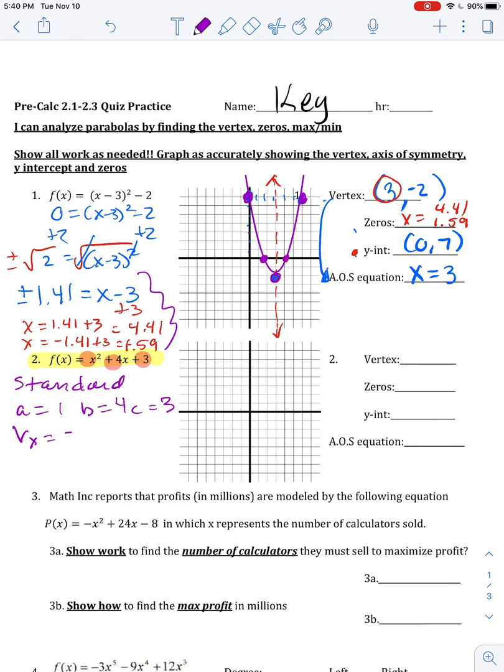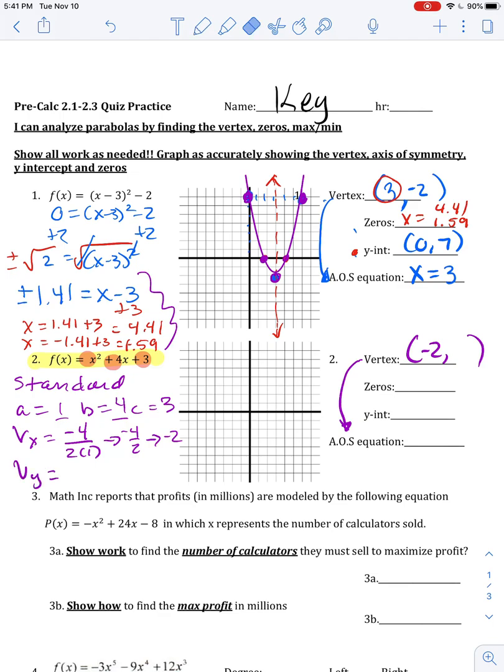Okay, so when I look at my chart, my vertex x coordinate is supposed to be the opposite of B over 2 times A. So I'm just putting in my B and A value for that. That gives me -4 over 2, which reduces to -2. So I already have the information that I need for my axis of symmetry equation, even without knowing the y value.